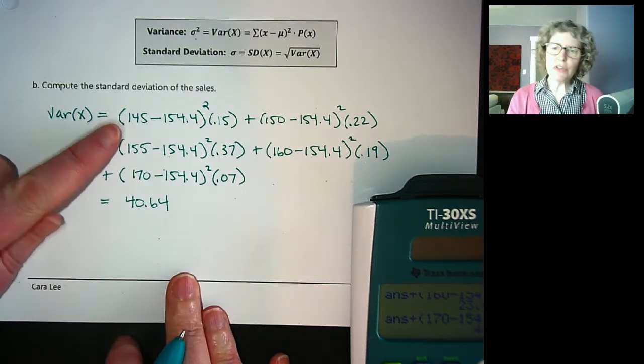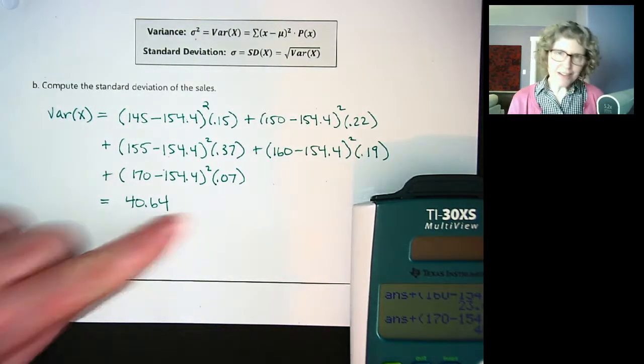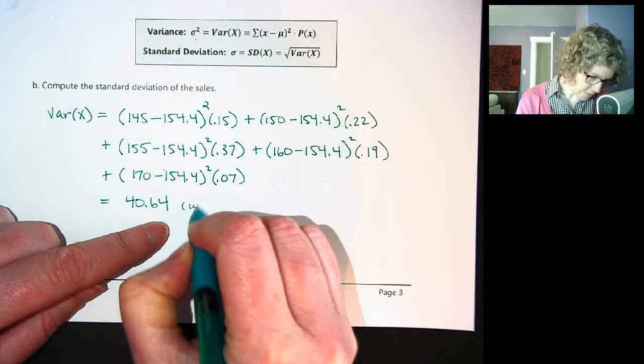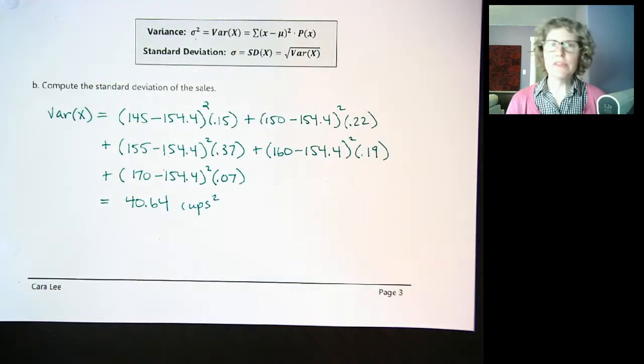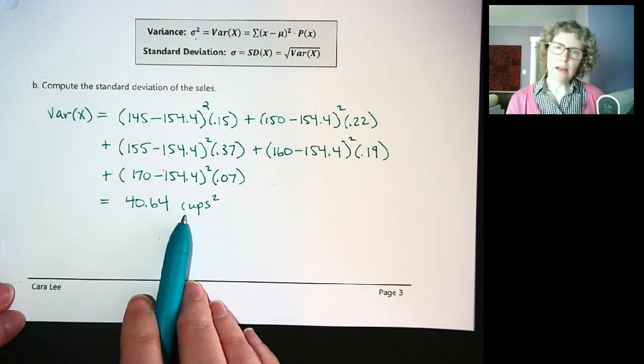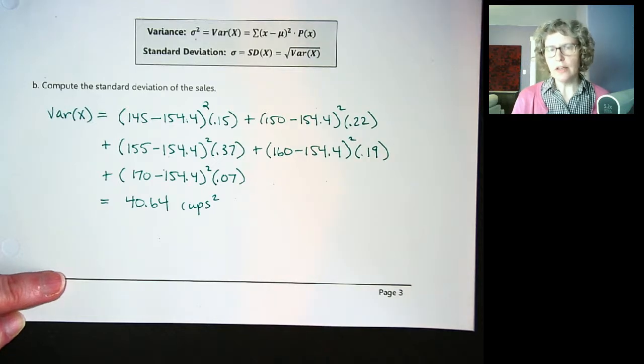And remember how we took our deviations and we squared them? So we're not in cups of coffee right now. We're actually in cups of coffee squared. That was the same thing that happened to us when we did the standard deviation. We were in square units. And the variance is the one that has the square units. So in order to undo that square and get the standard deviation, we need to take the square root.